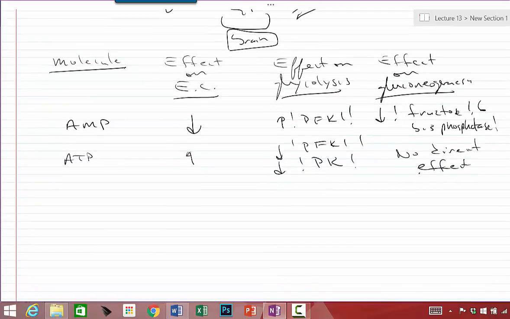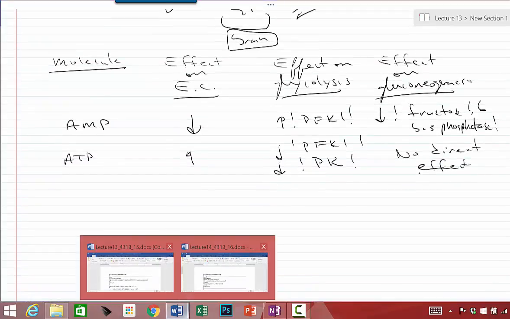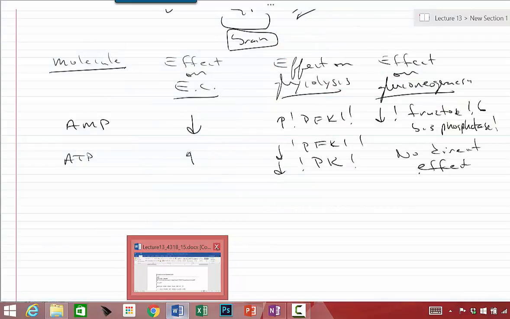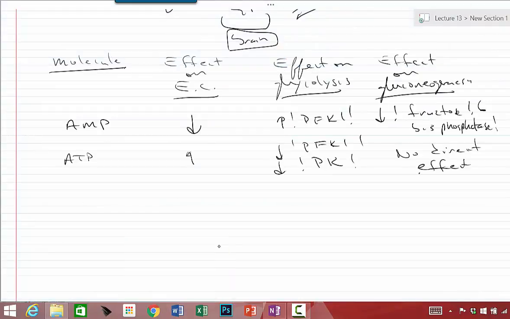Okay, what about another molecule? What about ADP? ADP, its effect on the energy charge is to decrease it, okay? So you have more ADP, you're going to have a decrease in energy charge, okay?